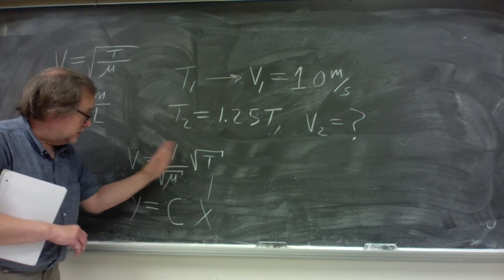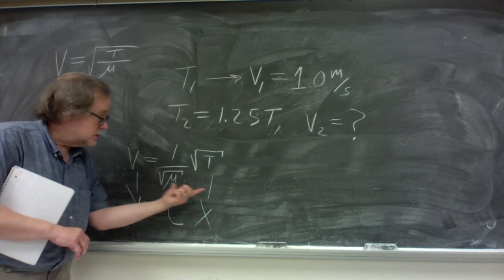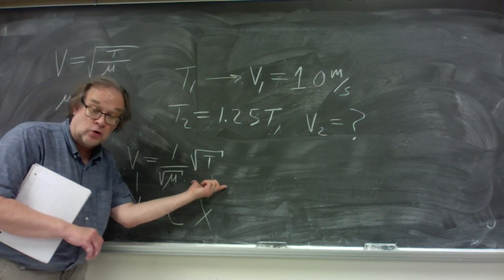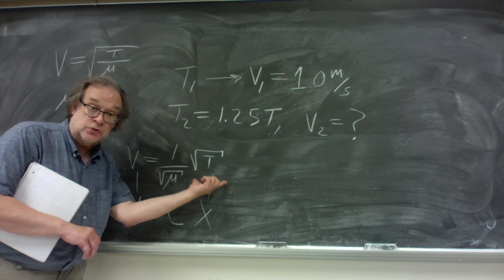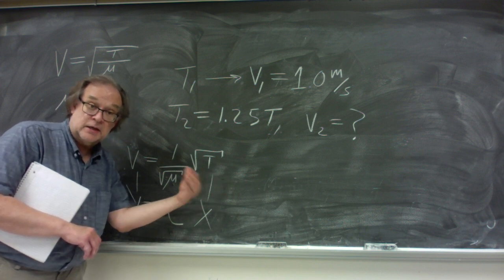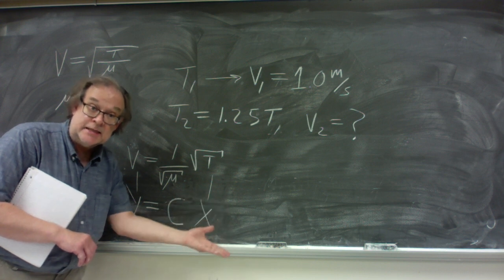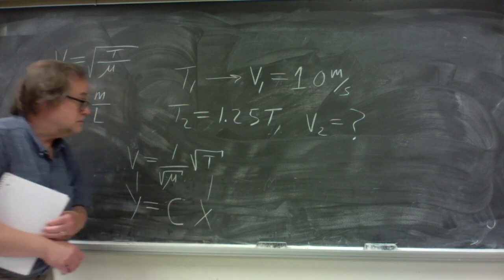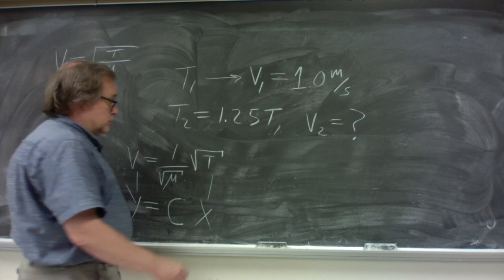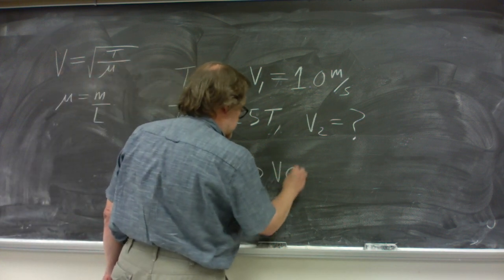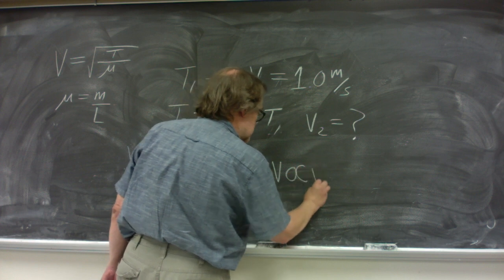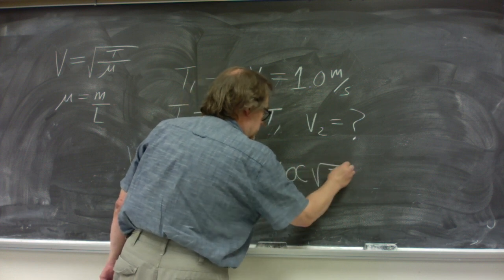Well, here in this equation, here's the constant stuff, and here's what's left over after factoring out the constant stuff. So this is the variable square root of T, not T itself. So that all implies there's a direct proportionality between wave speed and square root of tension.